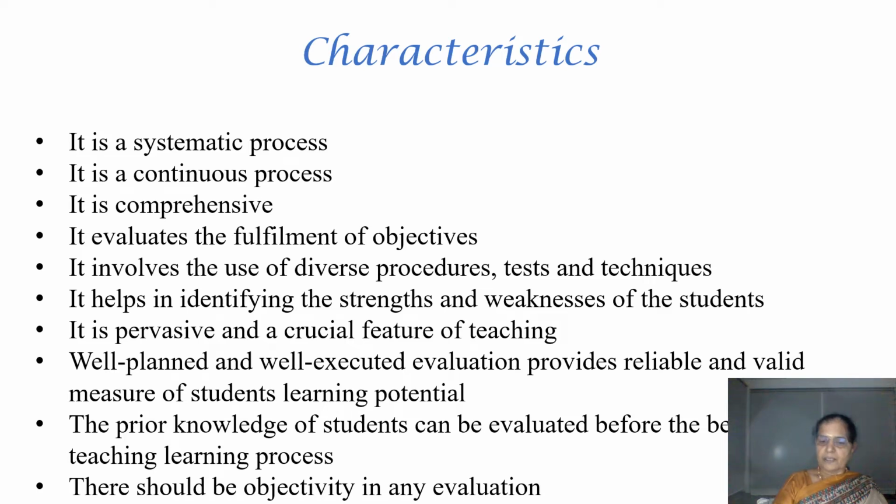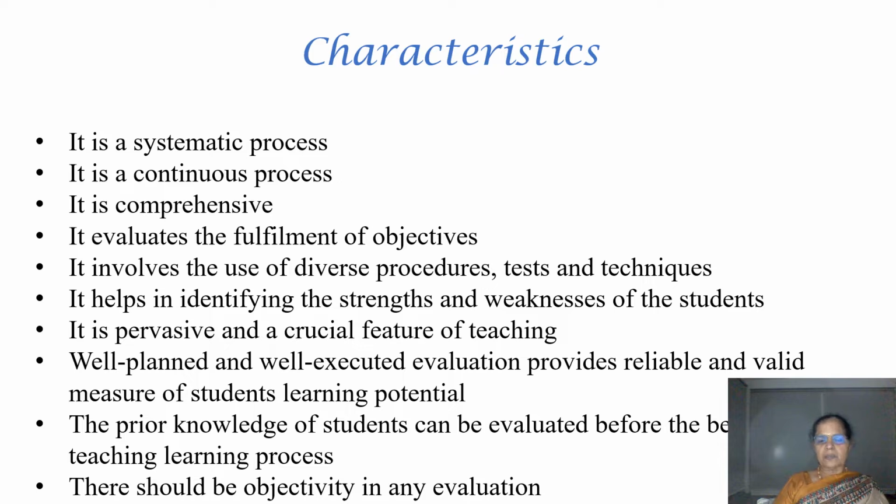Objectivity is where there is no bias. If any teacher evaluates a particular response sheet, they should arrive at the same result or the same grade. That is objectivity. When is it possible? When the questions are of objective type, like multiple choice or true or false, then objectivity is possible.